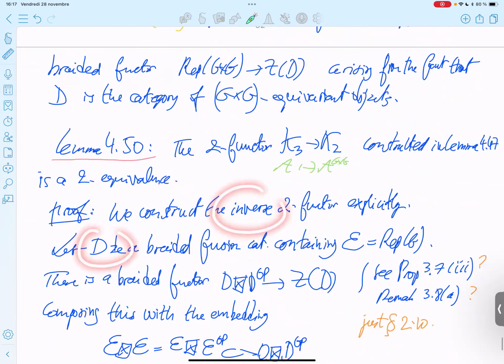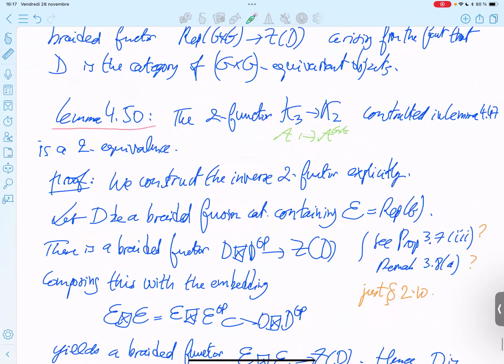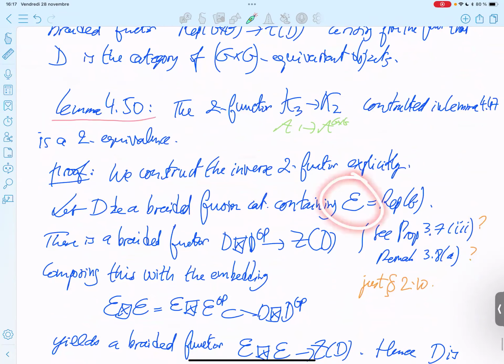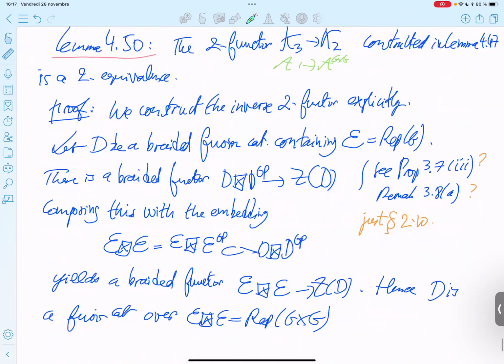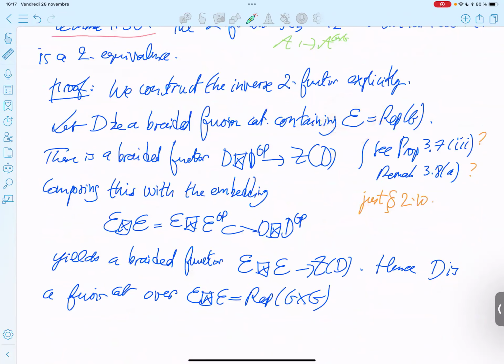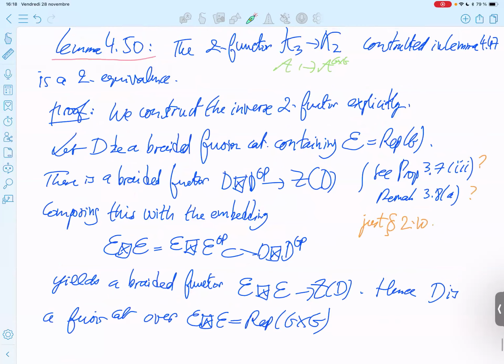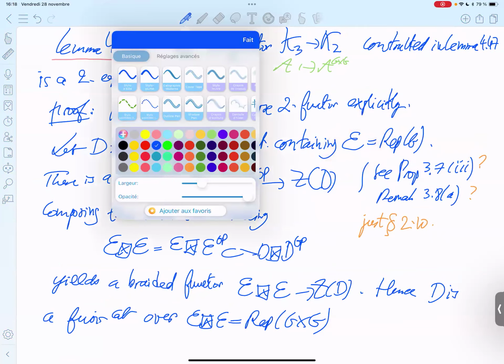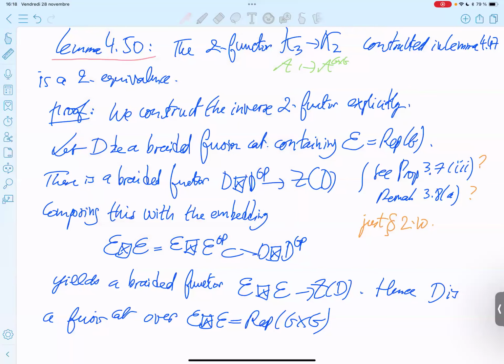We start from a D containing E, and in fact, a braided fusion category containing E is a fusion category over E tensor E. That's really funny. You only have a braided fusion category containing E, but in fact, as a fusion category, it's over E tensor E. That's interesting.